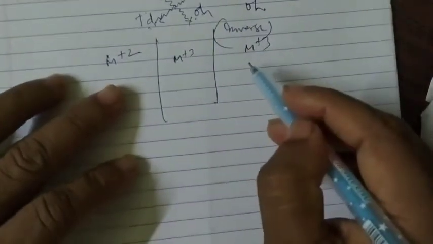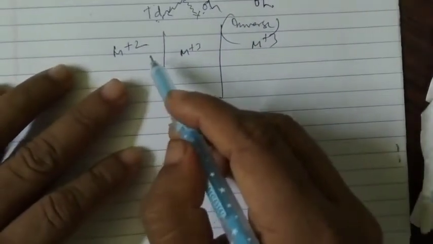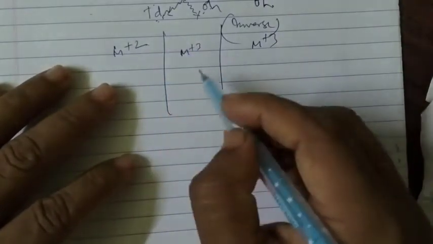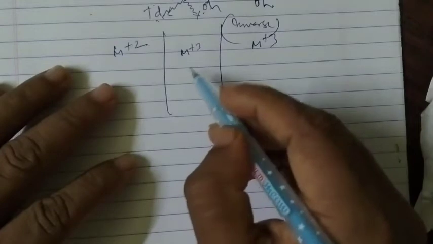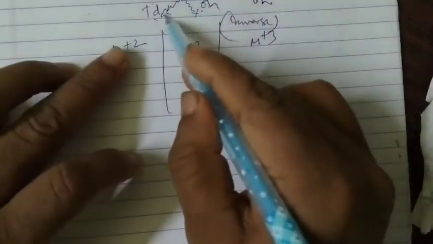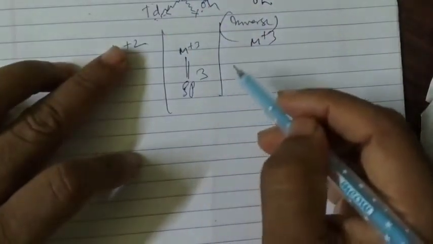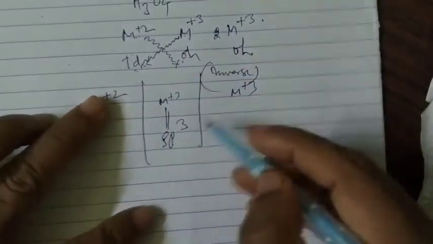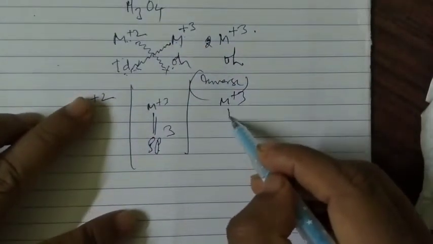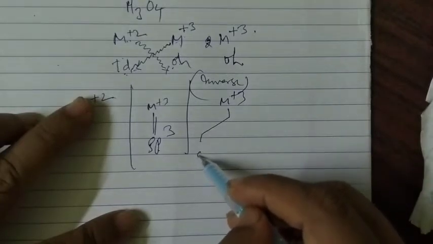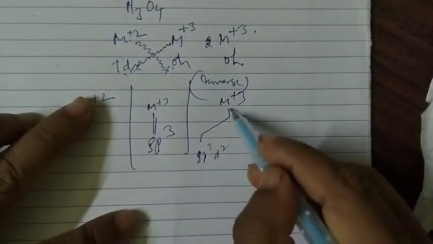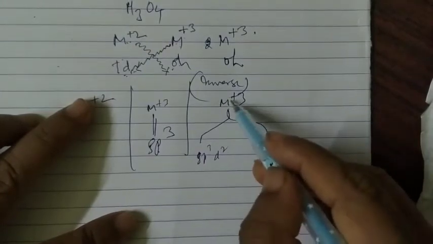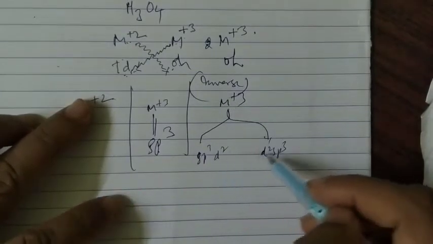So here M+2 is in the tetrahedral site, which means it has sp3 hybridization. And the others, we can see, may have sp3d2 or d2sp3 hybridization, since they are perfectly in the octahedral sites.